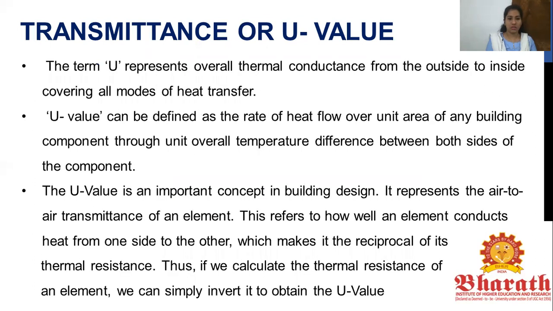So this term represents the overall thermal conductance from the outside to the inside, covering all modes of heat transfer. The U value can be defined as the rate of heat flow over unit area of a building component through unit overall temperature difference between both sides of the component. The U value is an important concept in building design. It represents the air-to-air transmittance of an element.